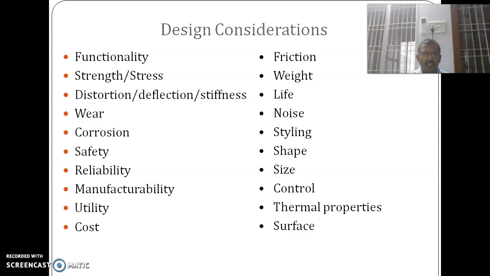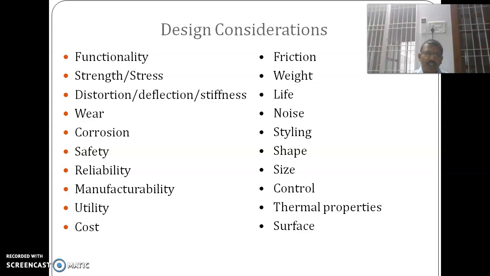Mechanical properties like stress, strength, deflection, distortion, stiffness, wear, and chemical properties such as corrosion, and safety should be considered. And reliability, how long the product will be reliable, should also be considered.